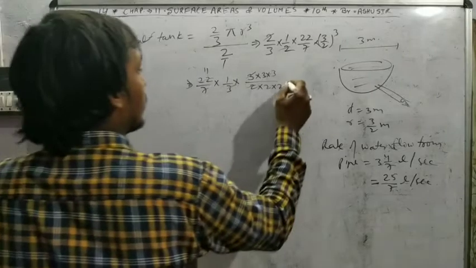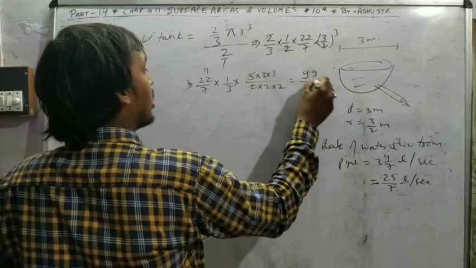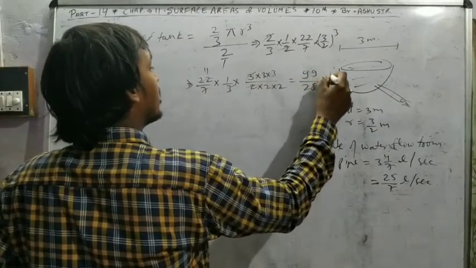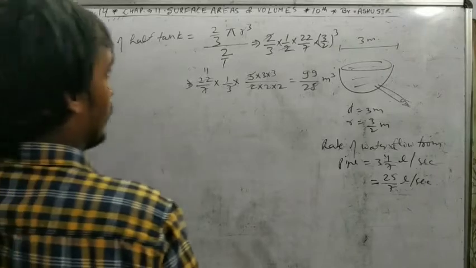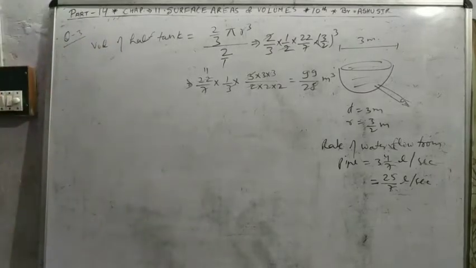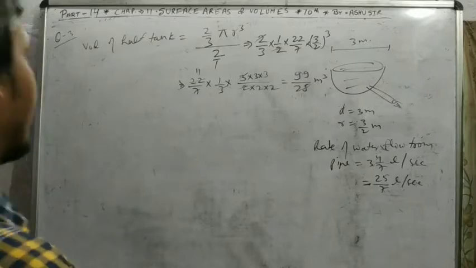So 11 into 9 is 99 upon 28 meter cube is the volume of the half tank.